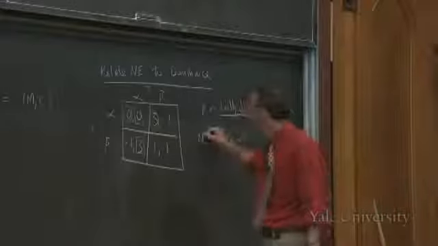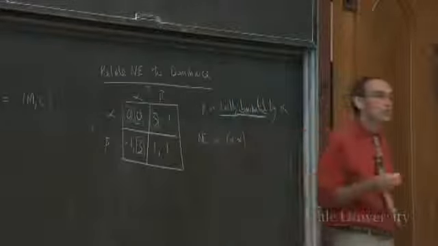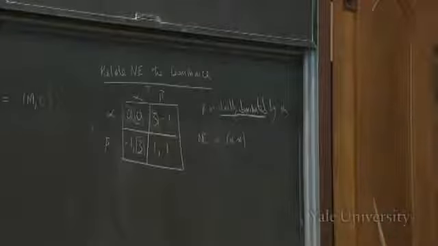I'm going to claim that no strictly dominated strategy, in this case beta, could ever be played in a Nash equilibrium. I claim that's a good thing, because we want these ideas to coincide. Why is that the case? Yeah, there's a guy up here.